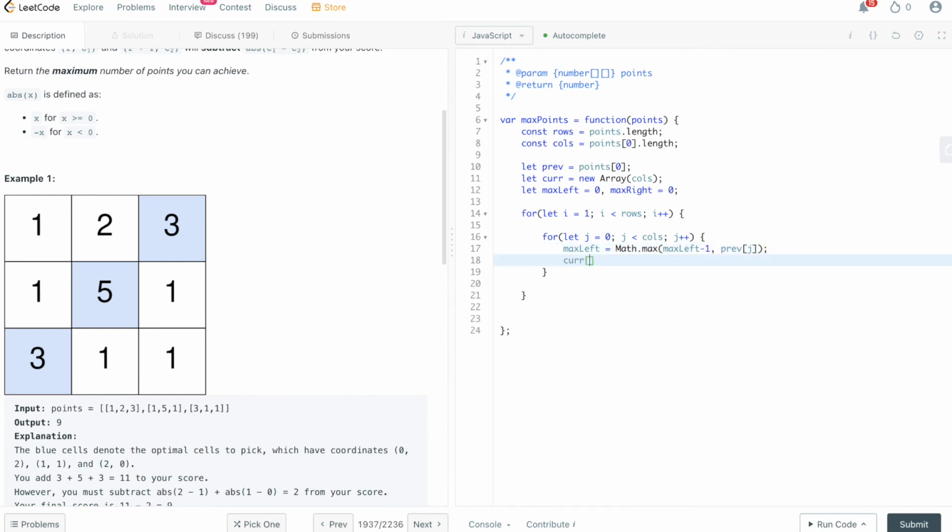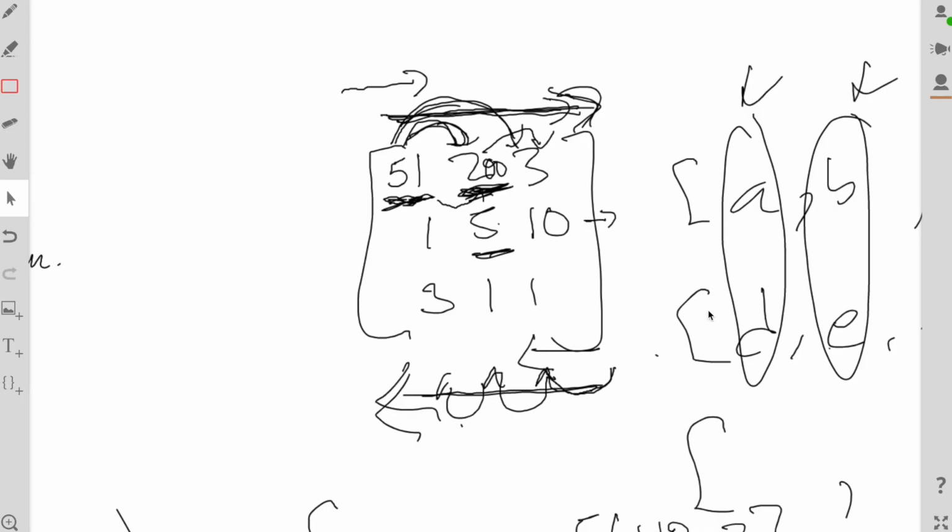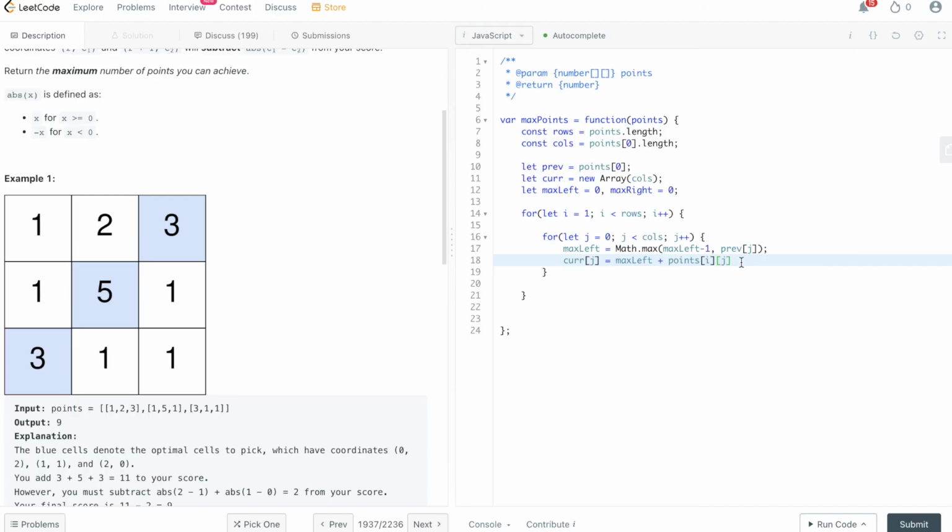And then in our solution, we want to add max left plus points ij. In this case, that would be this 5, if we're working with this first row. So it's either going to be max left minus 1, so 51 minus 1, and adding that, so 50 plus 5, or it's going to be 200, what's directly above this 5 here. That's why you have points ij here.